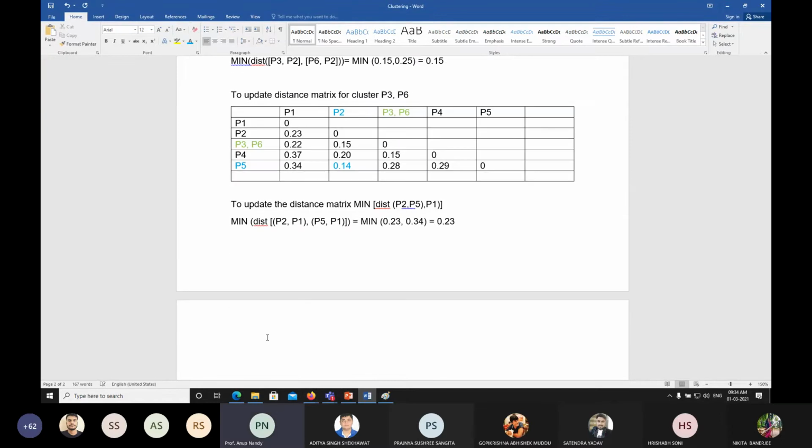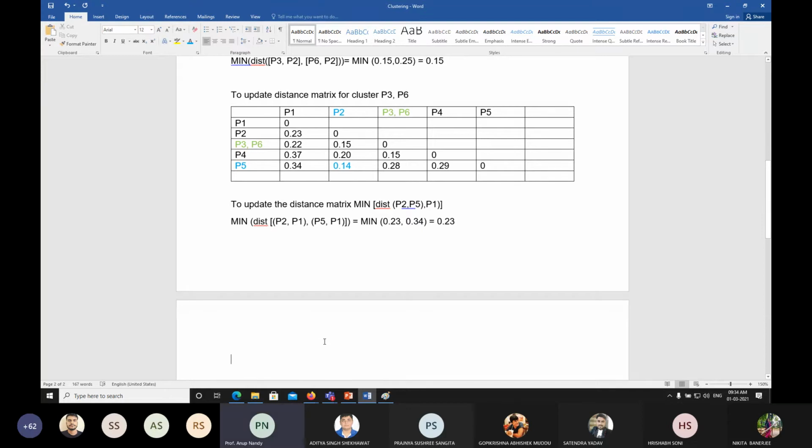Now next, what you have to do? P2, P5, P1, P2, P5, P3, P6. Okay. Now, can you just fill it up?